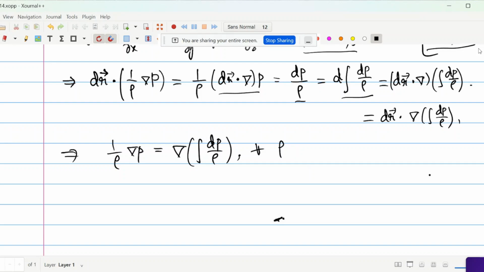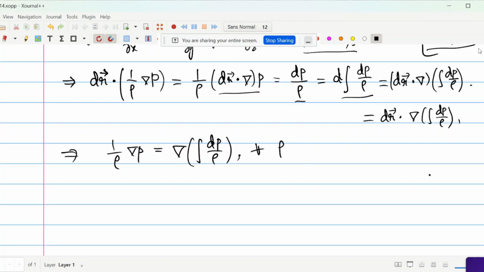I don't have any restriction right now, like rho should be a function of t, or rho should be a function of only p. I don't have any such restriction, right? Okay, if rho is a function of p, we can do that. Whatever you are doing, I can justify in a different way. Okay, I'll show you that also.